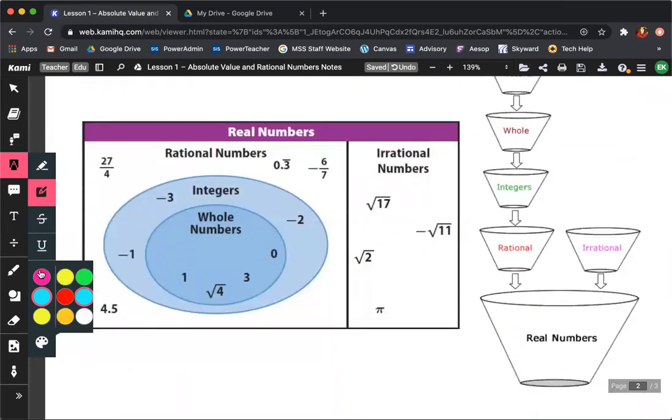So we have here the real number system, again, split into either irrational or rational. Natural numbers should be included on here as well, more specifically, kind of in the middle here. But these numbers, 27 over 4, that comes out to a decimal, which means it's not an integer or a whole number.